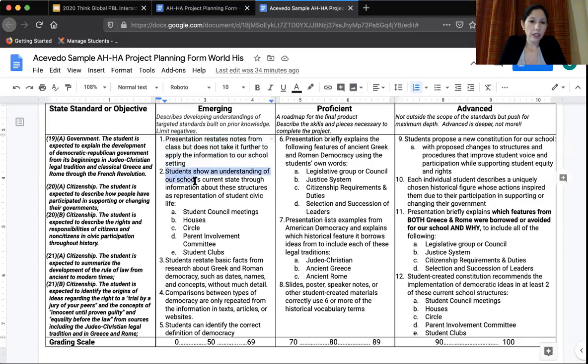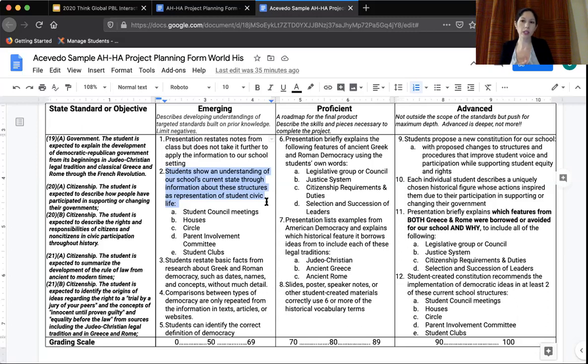Students show an understanding of our school's current state through information about these structures and representations of student civic life. So this is a very authentic project. And in an authentic project, the students are going to have to figure out, what am I actually doing? What problem is there that I'm solving? Okay, they have to understand the problem, and then they have to figure out all of the solutions they're going to implement for that problem.